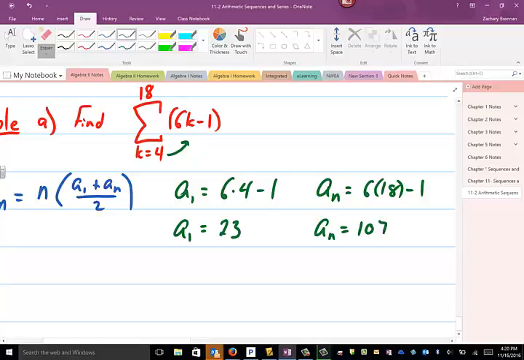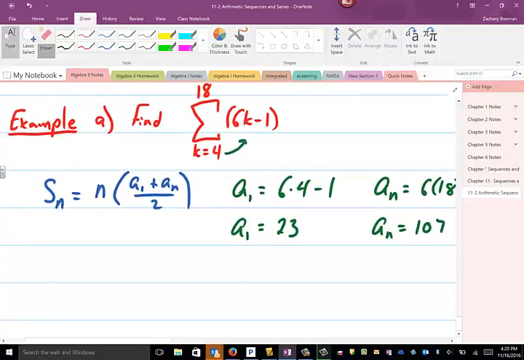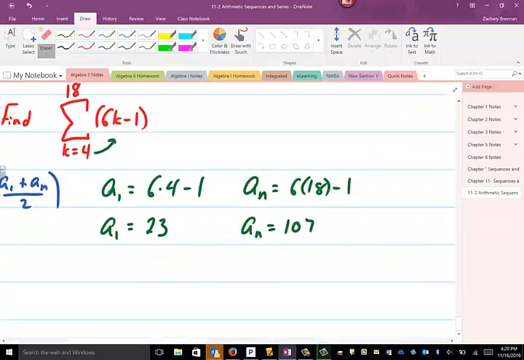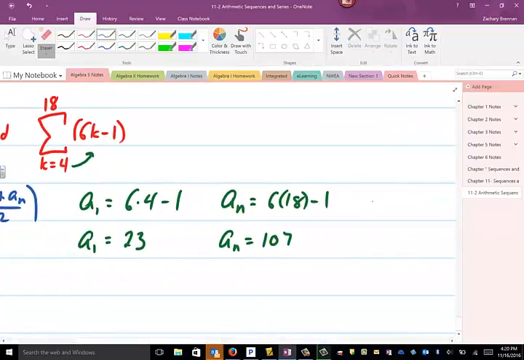Now I've found the a sub 1 and the a sub n. The only thing left to find is n, and then I can go back over here to the left and do my formula. The n is a little bit tricky, the number of terms. So n is equal to, well, let's see, if I started at 4 and I ended at 18, one of the easiest ways to do that is 18 minus 4. That would say that n is equal to 14.